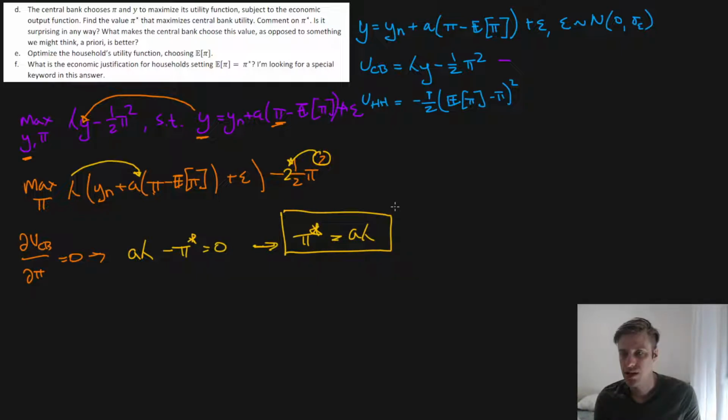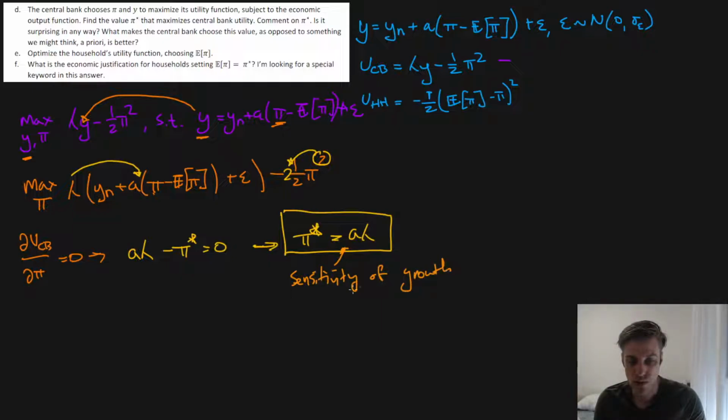So, comment on pi star, is it surprising? Okay, so the optimum value of pi is going to be the product of what is A. A is the sensitivity of output, or of growth, to surprise inflation.